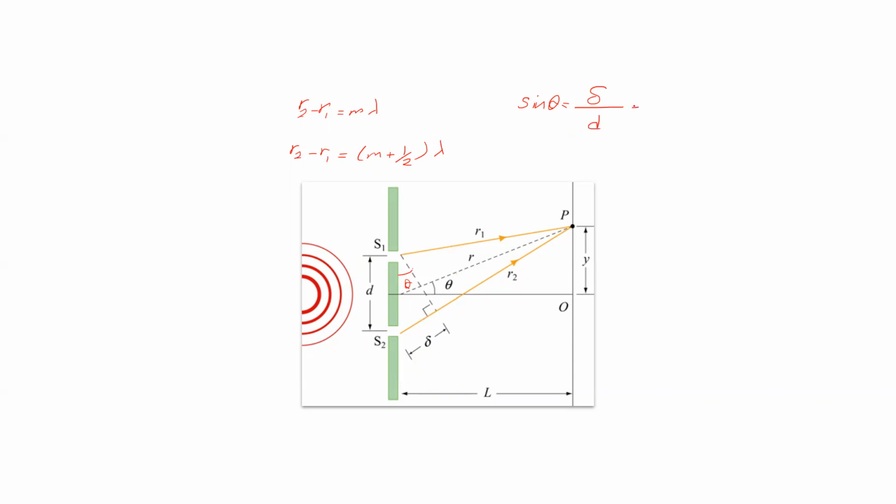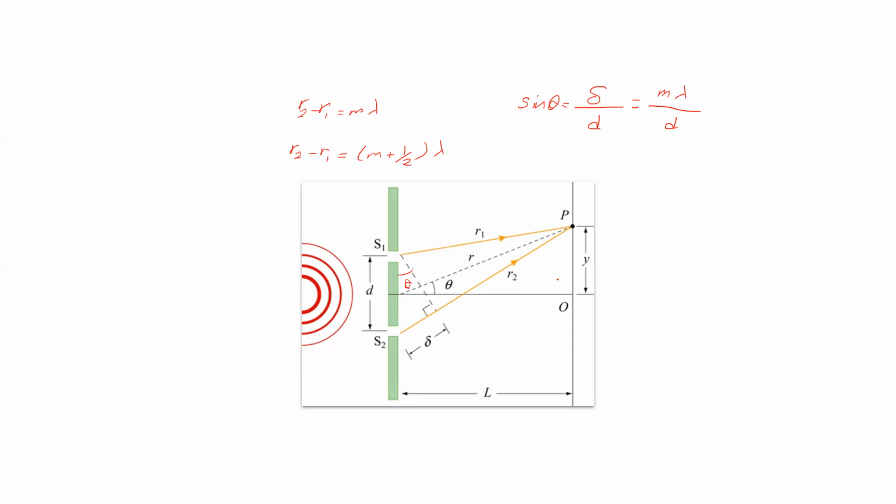For a bright band, this sigma, the difference between the distance traveled from S2 and S1, should be equal to m lambda, and d is the distance between the two slits.